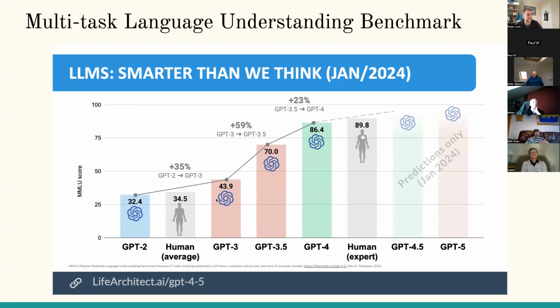So GPT-3 is currently, for this particular benchmark, outscoring the average human. The GPT-4 model, which is available now, has gone up to a massive 86%, compared with the human expert, someone who's really good at these sorts of tests, who gets around 90% right.